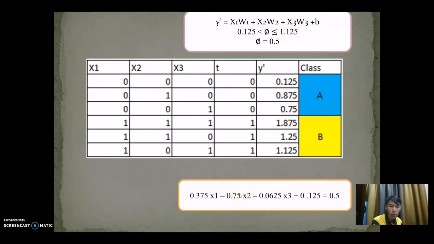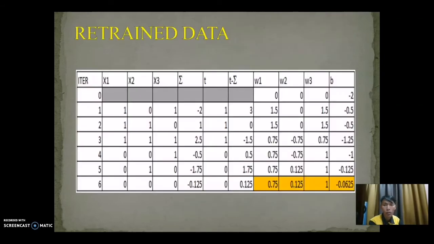Alright, next we retrain the data, and we manipulate this. This is already changed with the previous data.